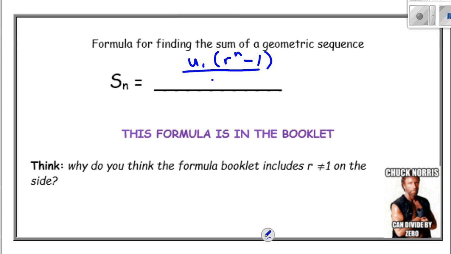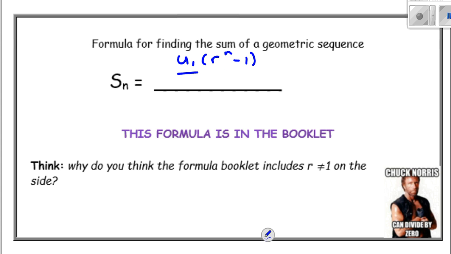So Grace has pointed out, she's had a look at the earlier page in your unit booklet, where I've taken a snip of the formulas from the formula booklet. There's 2 versions. There's this one, and that's meant to be U of 1 right next to the brackets. It's just the way I drew it came out a bit funny. So maybe I'll redraw it. So it was U of 1, R to the power of n minus 1, all over R minus 1.